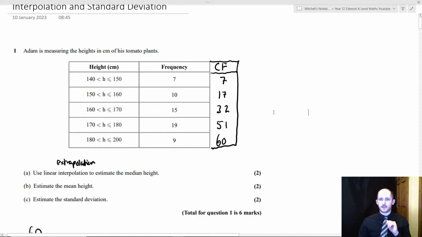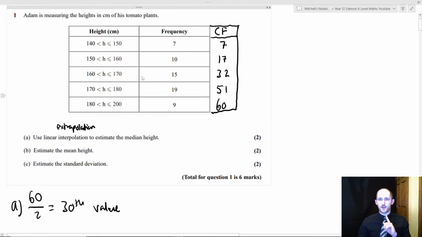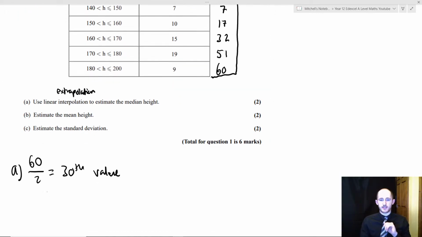And the way we do that is, first things first, you want to identify which class the median would be in, which is 160 to 170. So it's in the class 160 to 170. Okay. And now here's where we're going to start. So we start off with 160 centimeters for our median.